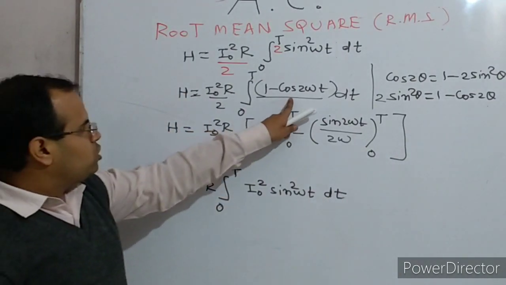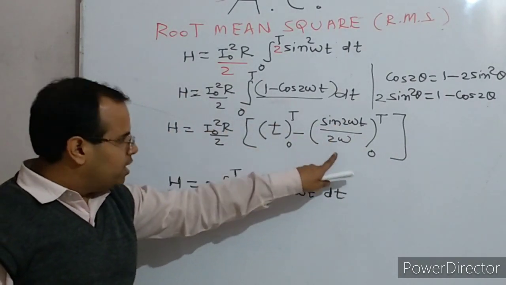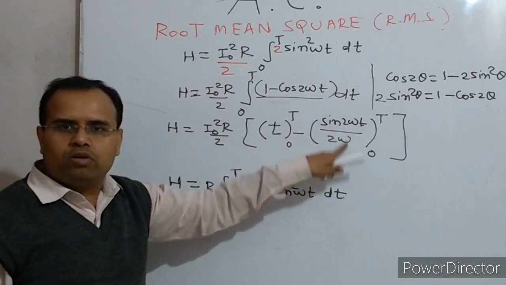Correct or not? Once again, the integral of cos 2 omega t would be sine 2 omega t divided by 2 omega, by the coefficient of t you have to divide it.